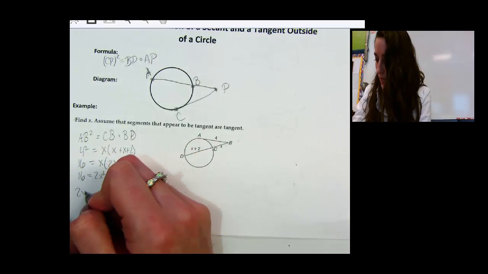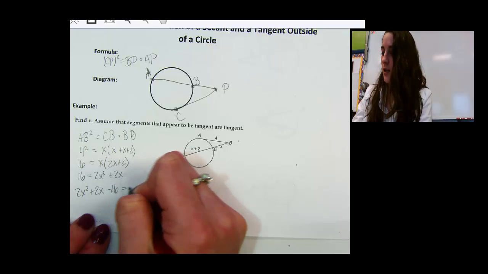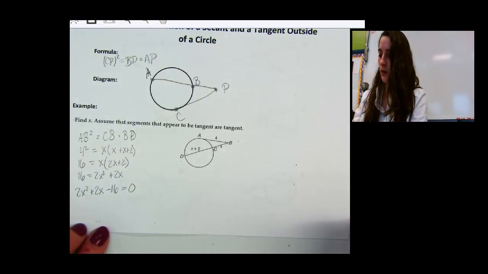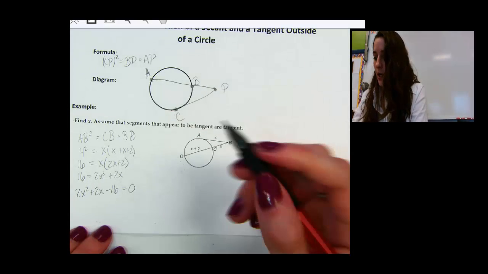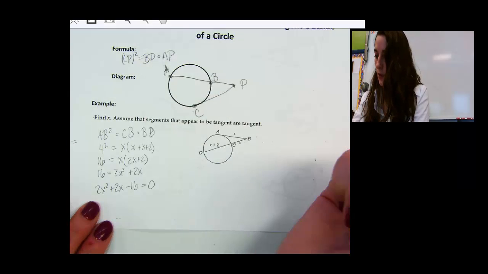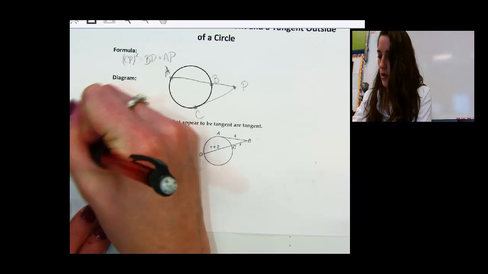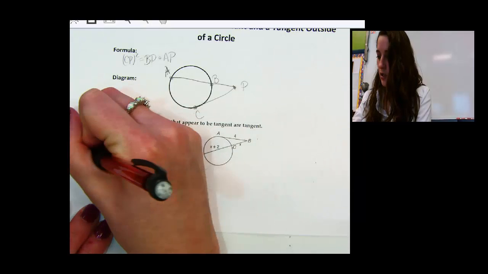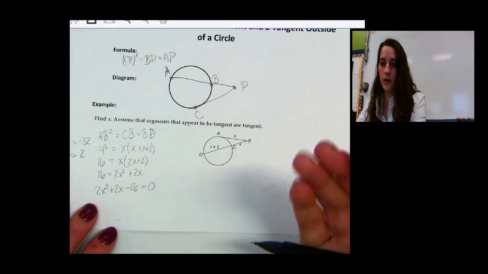So I'm going to get everything over to one side. 2x squared plus 2x minus 16 is equal to 0. Now, as I'm going through my product sum, I'm going to need a product of A times C, so a product of negative 32, and a sum of B, which is 2. I'm going through my products.